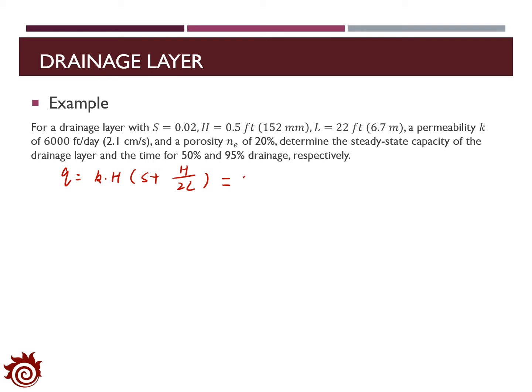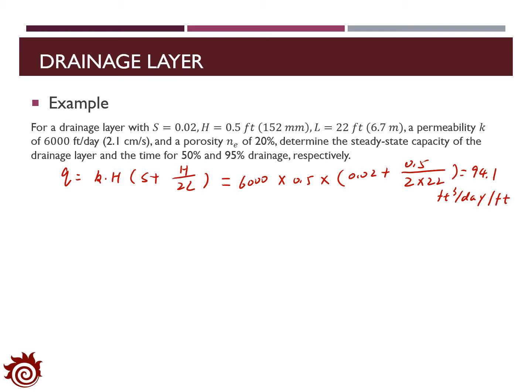K is 6,000, H is 0.5, times S is 0.02, plus 0.5 over 2 times 22. So the result is 94.1 feet cube per day per feet.